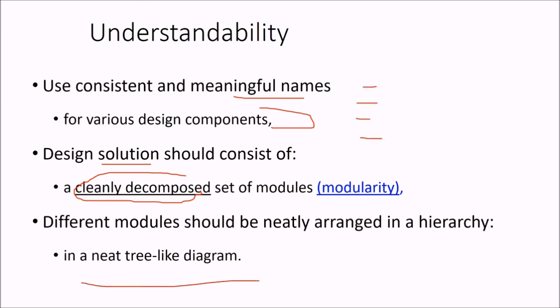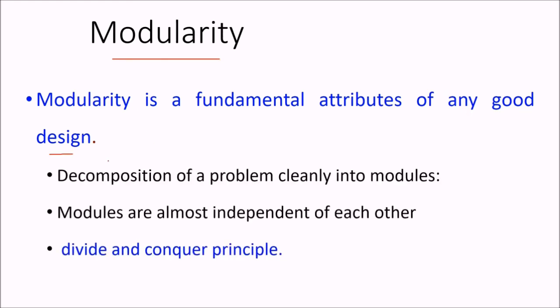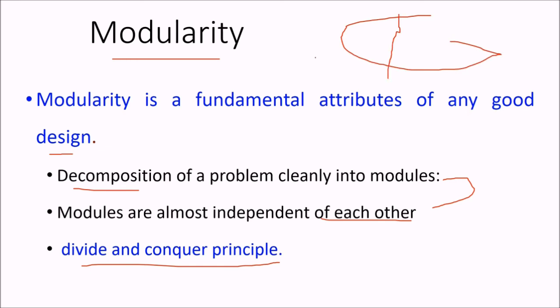Module means procedure, function. These are all synonyms in computer science. So modularity is a fundamental attribute of any good design. What it means is decomposition of a problem cleanly into modules, where the modules are almost independent of each other, and we employ the divide and conquer principle. We have a work, we divide and conquer, and the parts should be as independent as possible from each other.